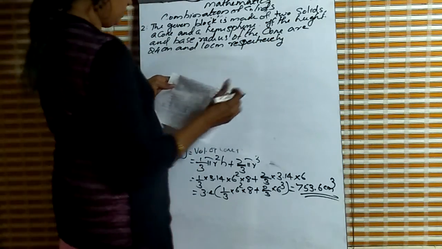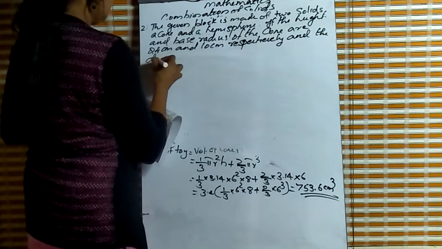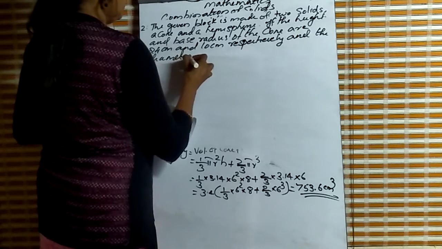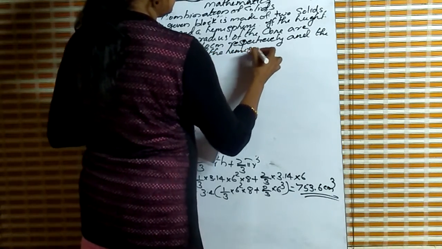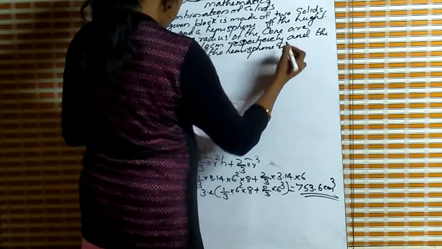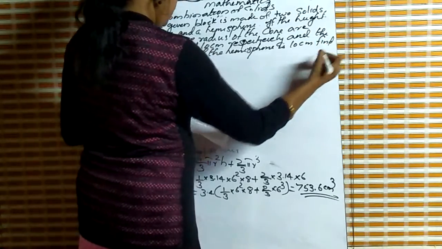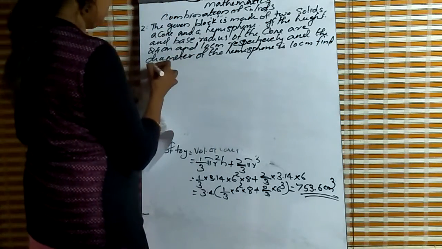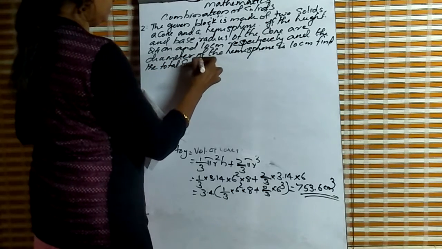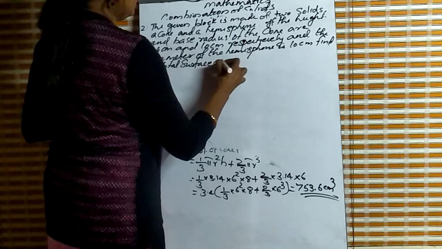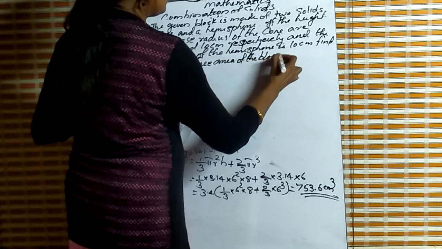and the diameter of the hemisphere is 10 centimeter. Find the total surface area of the block.